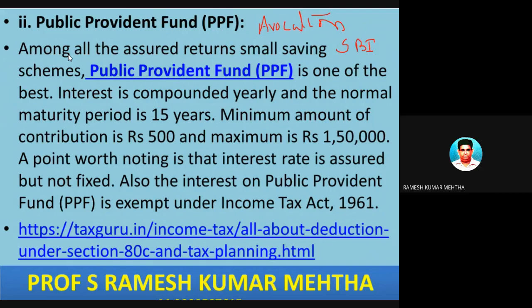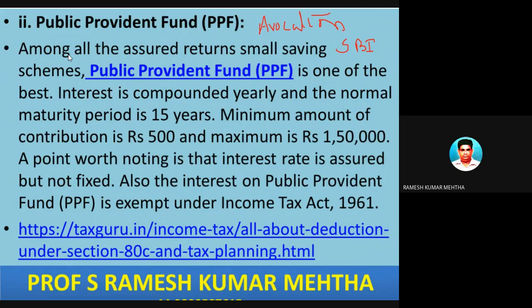In this case, the interest amount is compounded yearly, and the normal maturity period for public provident fund is 15 years. The minimum contribution you have to make is 500 rupees for the whole year, and the maximum is 1.5 lakh rupees.